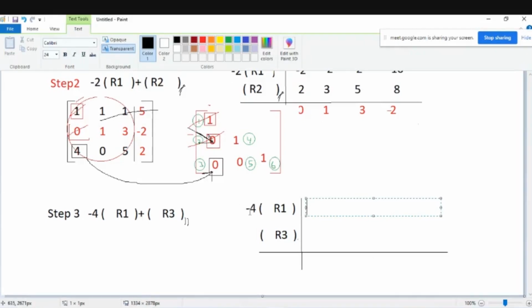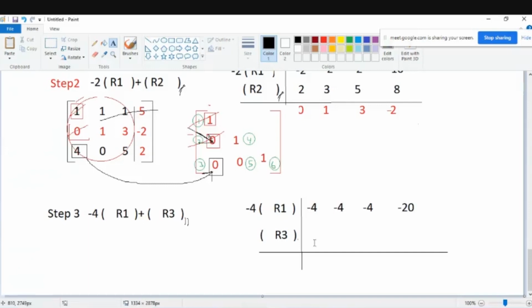Negative 4 multiplied by the first one gives me negative 4. Negative 4 multiplied by the second one gives me also negative 4. Negative 4 multiplied by this one gives me also negative 4. Negative 4 multiplied by 5 gives negative 20. Correct. What about R3? R3, I will take it from here and copy it the same.